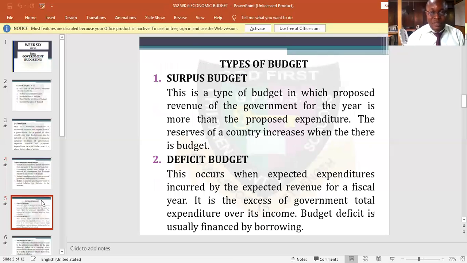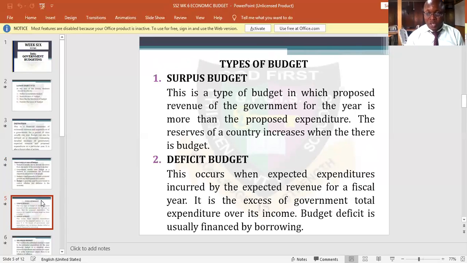So, let us look at the types. We have only three types of budget. We have surplus budget. A surplus budget is a type of budget in which the proposed revenue of the government for the year is more than the proposed expenditure. When the income the government receives is more than what the government will incur in a year, that is surplus.